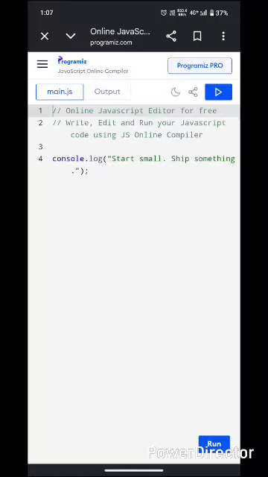Initially, JavaScript was the main language used inside the browser, isn't it? But after Node.js, you can even run JavaScript on this server. Now this is very powerful.